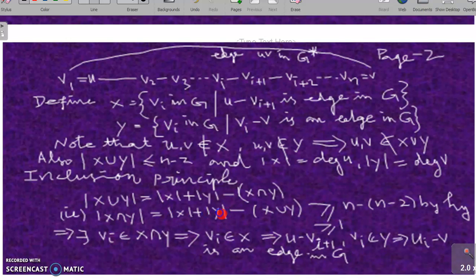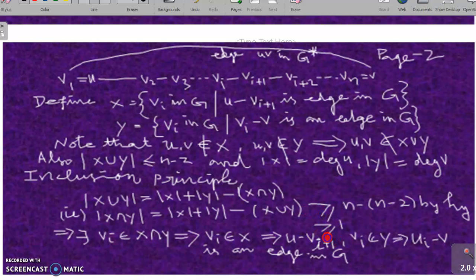By our assumption in the beginning, we assumed that the sum of the degrees is greater than or equal to n, and the union is at most n minus 2, therefore n minus n minus 2 by the hypothesis. So definitely, whatever n may be, this will be greater than or equal to 1.